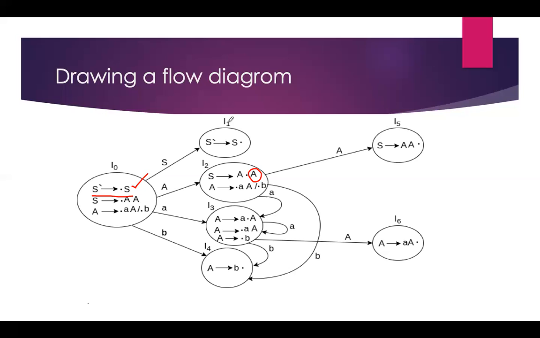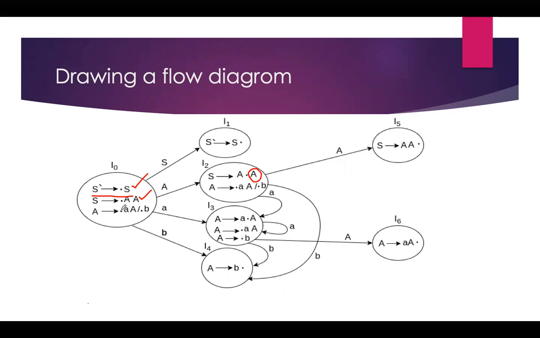Here I have given I1 and here I have given I2. And this rule also completed here. Next we will move to the next rule. After the dot, what is the symbol starting with small letter a? Here only one symbol is there, one rule is there.